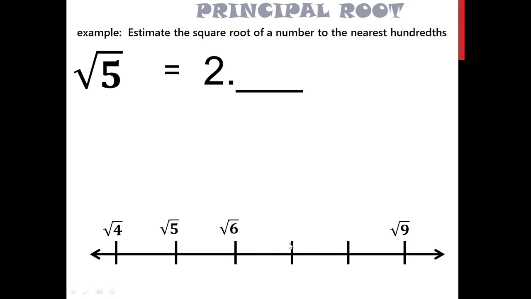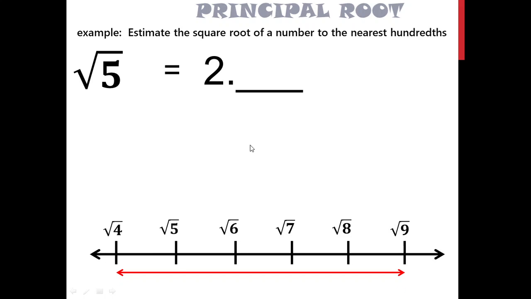I'll go ahead and write all the square roots here on our number line: from the first perfect square, which is 4, next is the square root of 5, 6, 7, 8, and the next perfect square will be the square root of 9. Now, how do we get the exact decimal place, or the exact principal root? Not exact, because that is only the estimate, since obviously the square root of 5 is a decimal number.